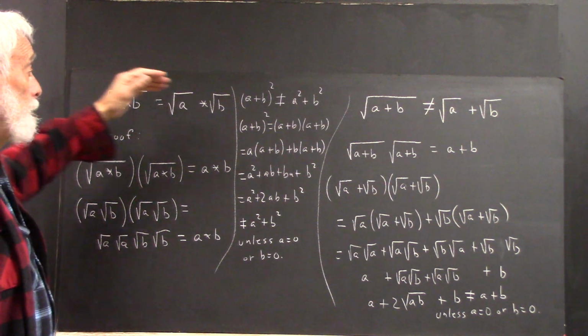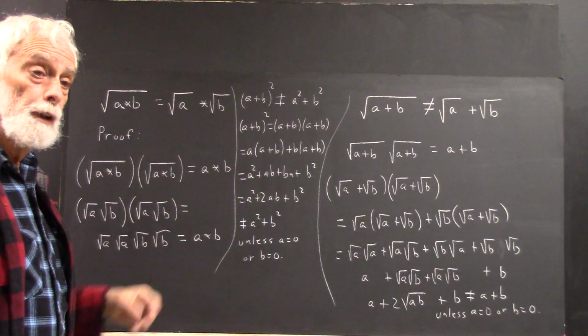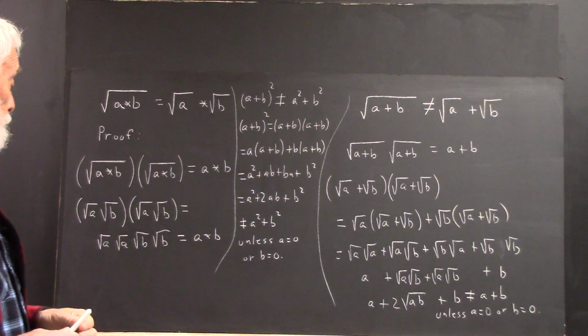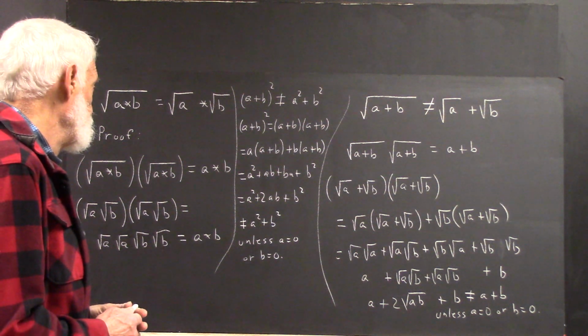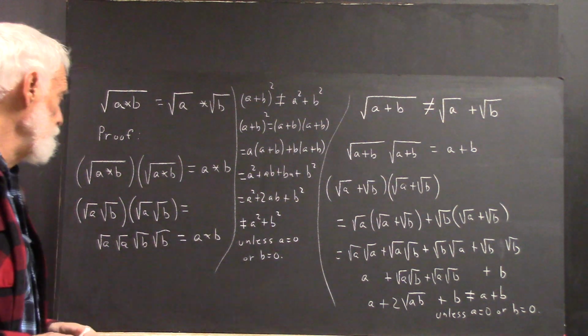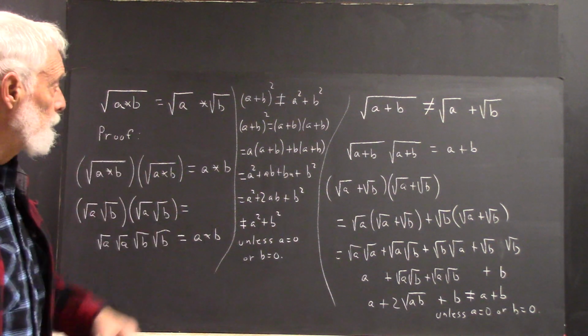So be sure that we understand these things and understand them in terms of numerical examples. I'll probably go ahead in another video and do numerical examples of each of these.